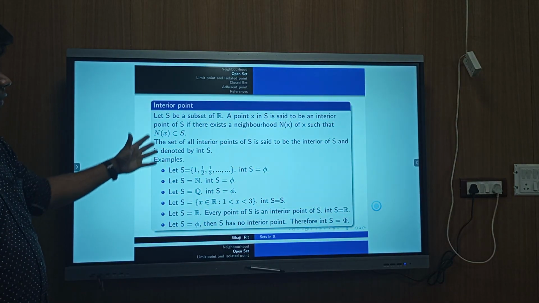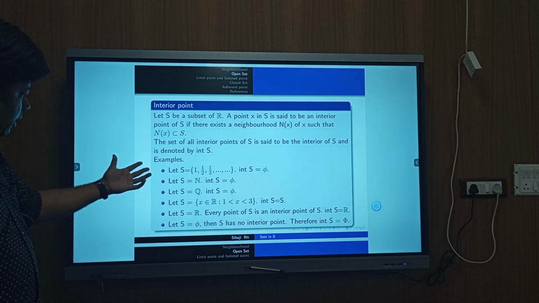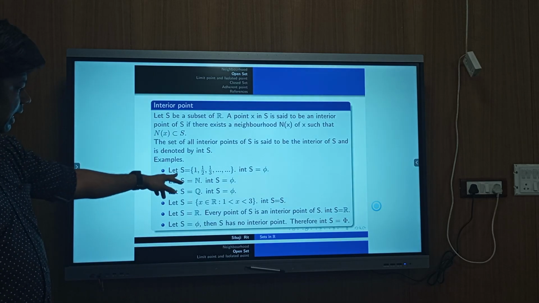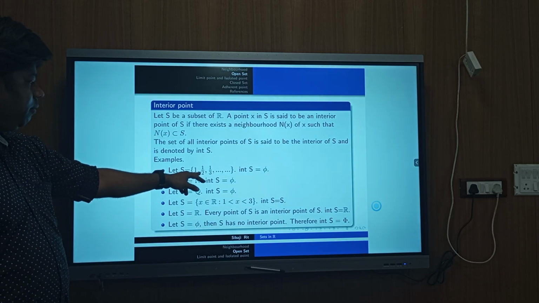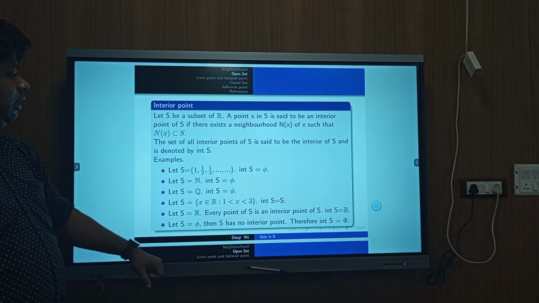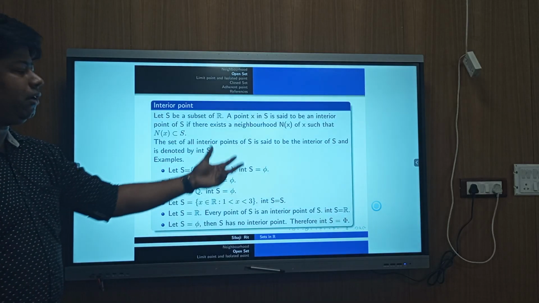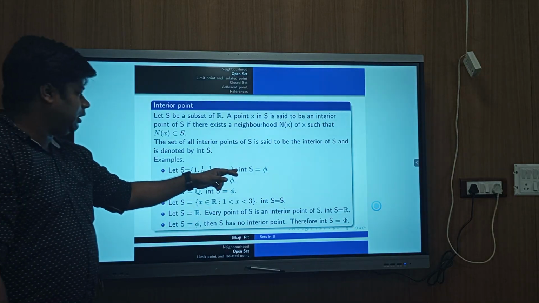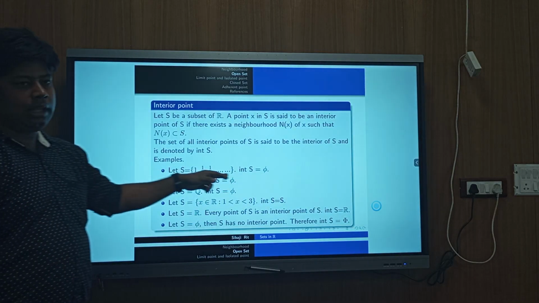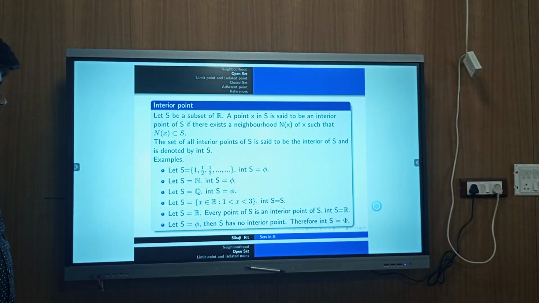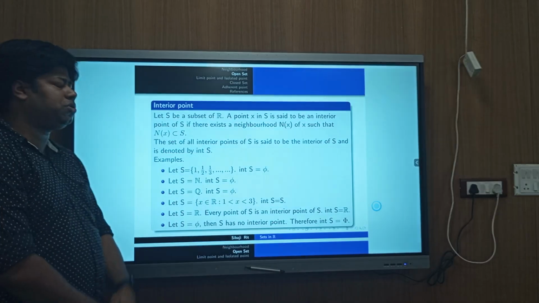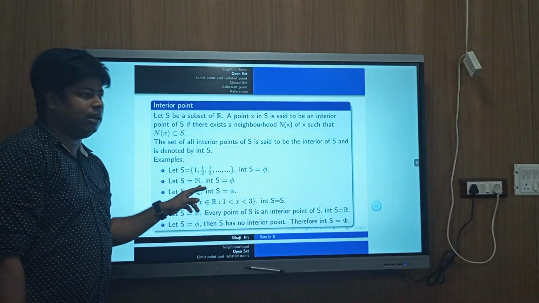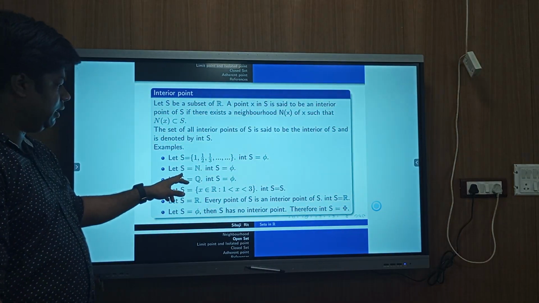Some examples of interior points. If we take the set S equal to {1, 1 by 2, 1 by 3, ...}, then the interior of S is empty because S has no interior point. Next we choose S equal to N, the set of all natural numbers.